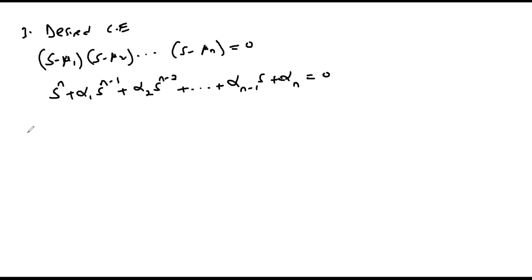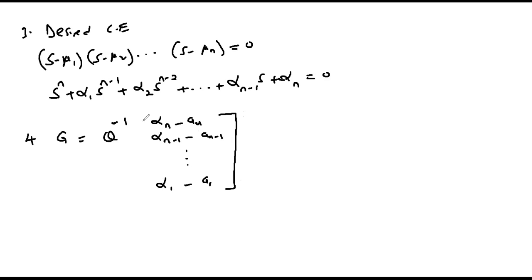Next, we determine our matrix G to be equal to Q inverse multiplied by the n by 1 matrix given by alpha n minus a n, alpha n minus 1 minus a n minus 1, all the way to alpha 1 minus a1.